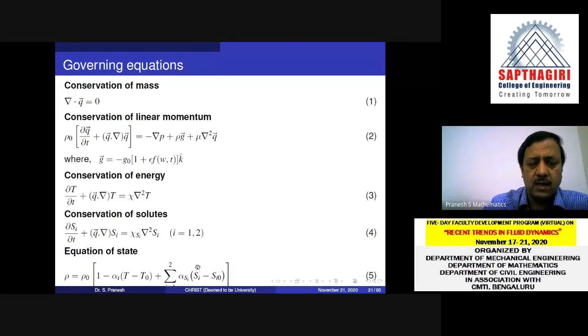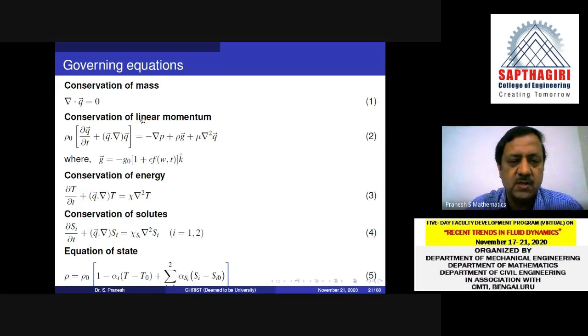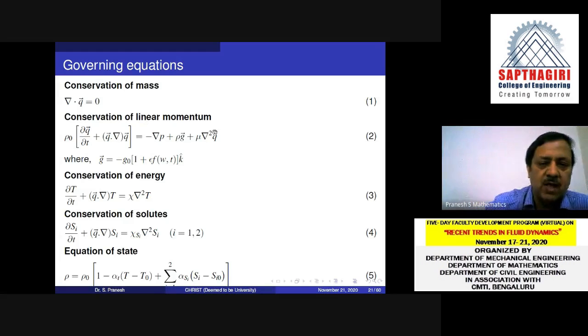And these are the governing equations we consider to solve this problem. Equation 1 represents the conservation of mass. Equation 2 represents the conservation of linear momentum, where we consider g as a gravity which depends upon the frequency and time. The conservation of energy is given by equation number 3. For the conservation of solutes, we combine the two equations.